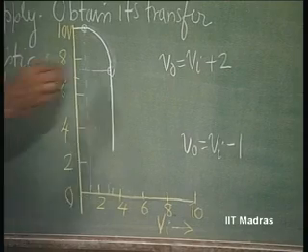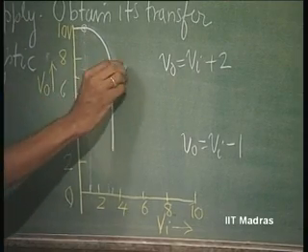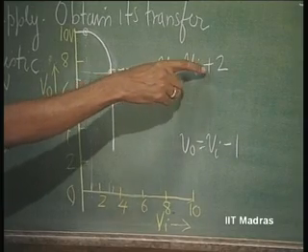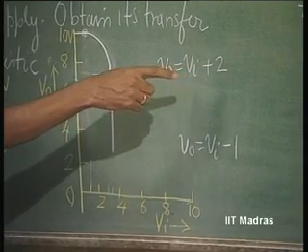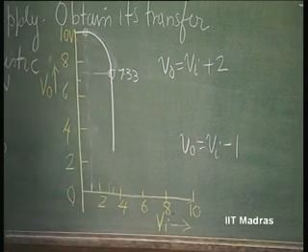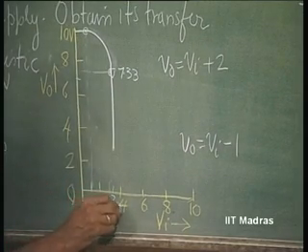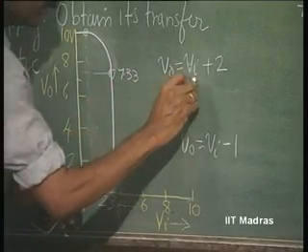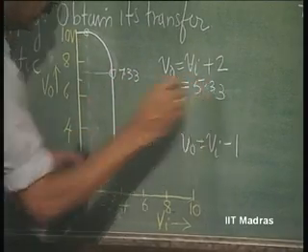So, this corresponds to, sorry, 5.33. Vi is 3.33, this is 3.33 plus 2, that is 5.33, sorry.